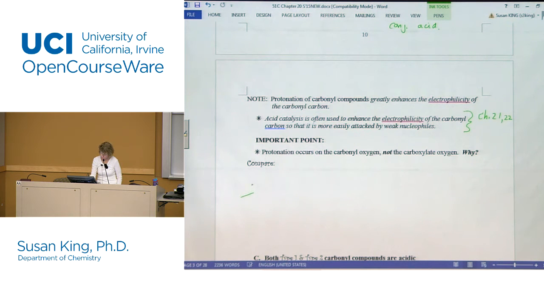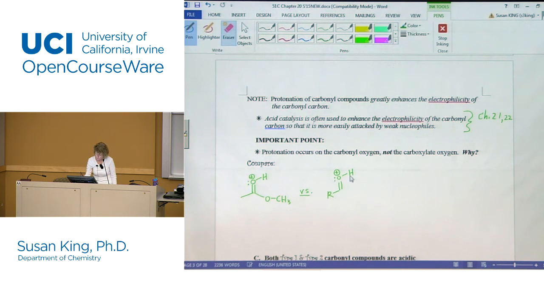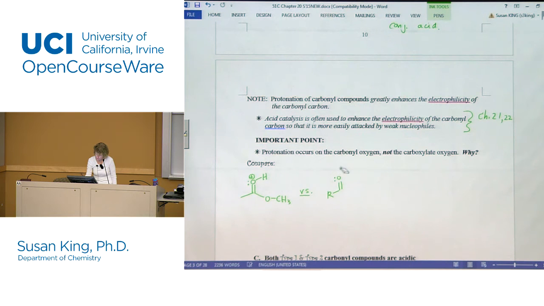Let's compare the two. We have this, which we drew on the previous page, protonation on the carbonyl oxygen. And we can compare that with protonation at the other oxygen. And probably if I sent around a little pre-quiz on this, most people would protonate the other oxygen.